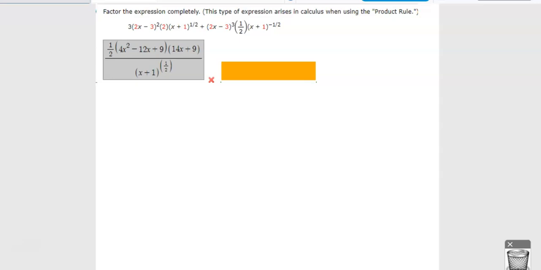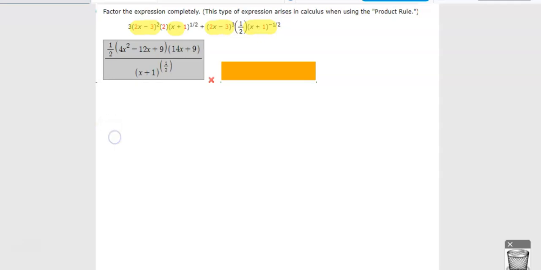So on this first one, if you notice what you have in common, you have a 2x minus 3 both in common, and you have an x plus 1 in common. And so that's your GCF. You're going to factor those out. Just like how many can you factor out?